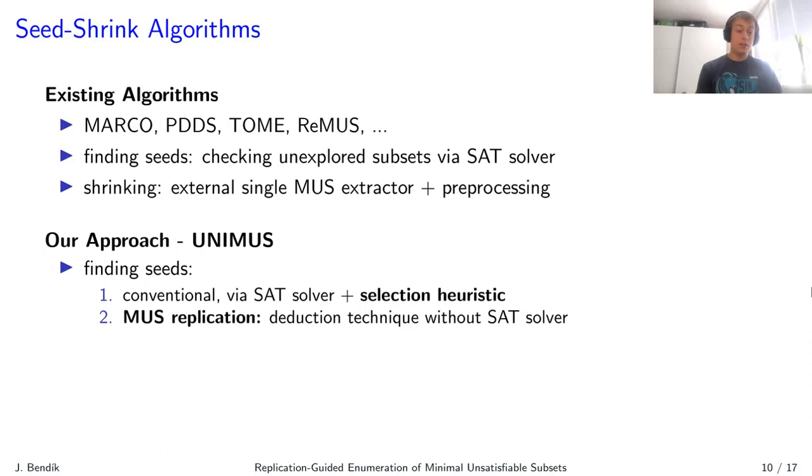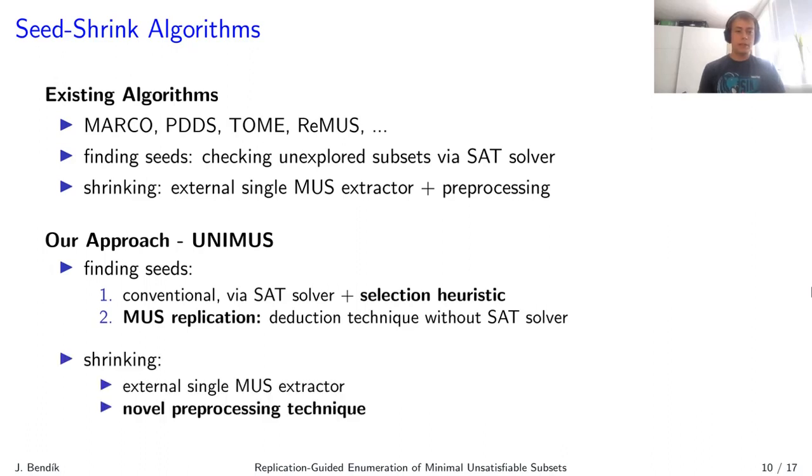We call it MUS replication. Instead of checking subsets for satisfiability with a subsolver, we cheaply deduce that some subsets are unsatisfiable. Finally, to perform the shrinking, we employ an external single MUS extraction tool, so there is no novelty in this step. However, we propose some novel preprocessing techniques that are applied before the shrinking.